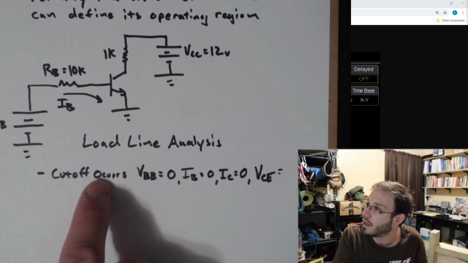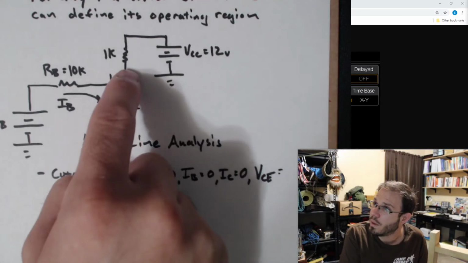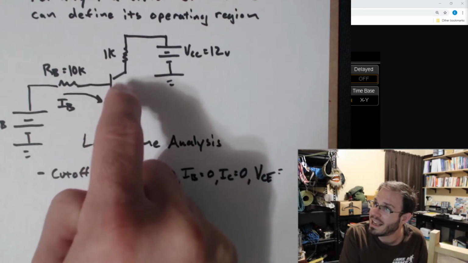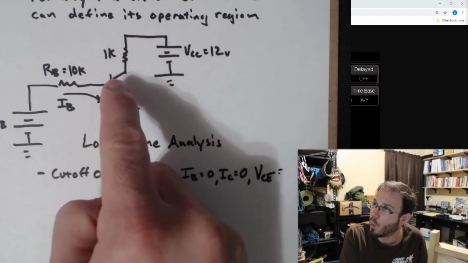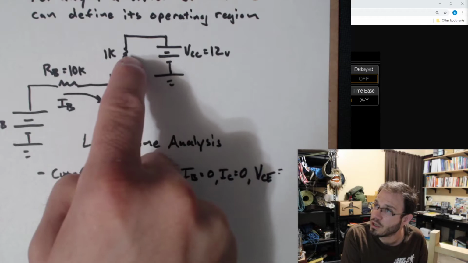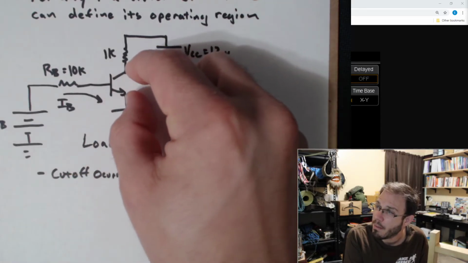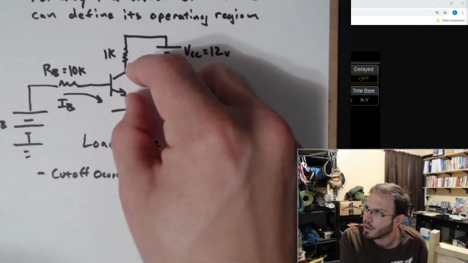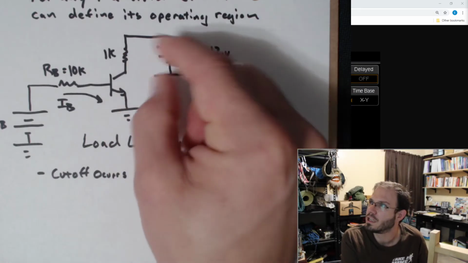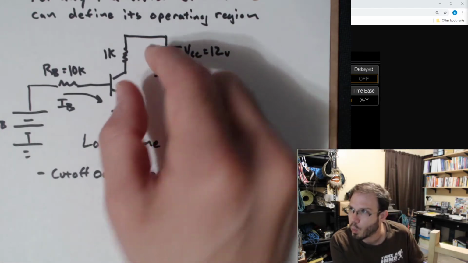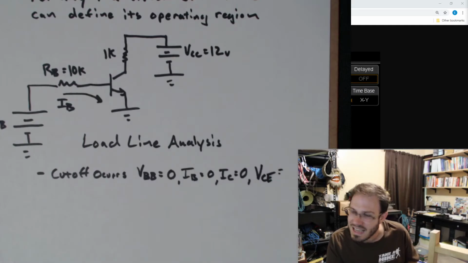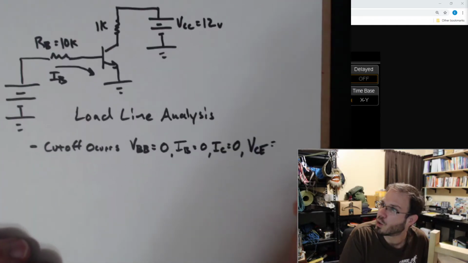If it's operating within its cutoff mode, then we have an open circuit between here and here. We get no current flowing through the 1K, so we get no voltage drop across here, and we sense the full voltage being applied here, even though no work is being done. So VCE is equal to 12.